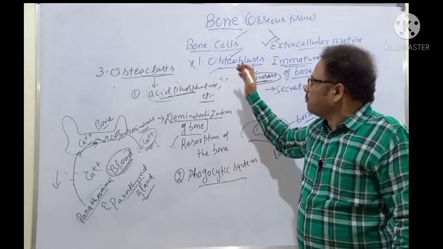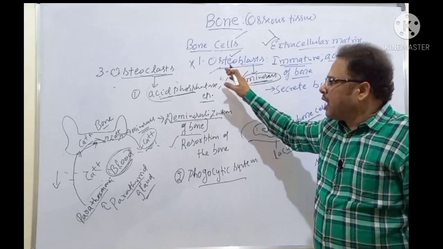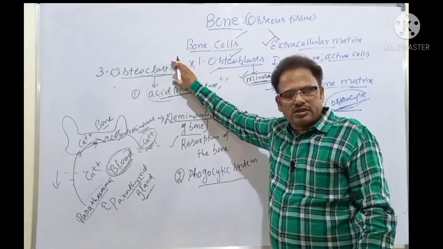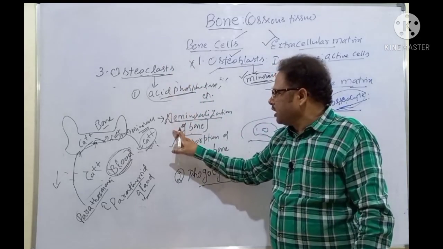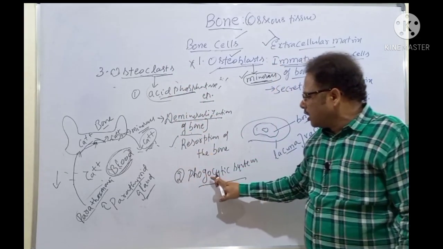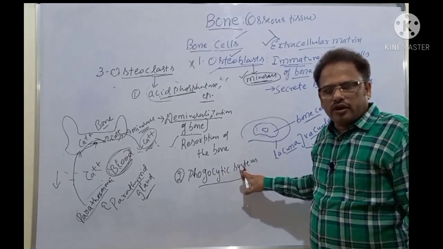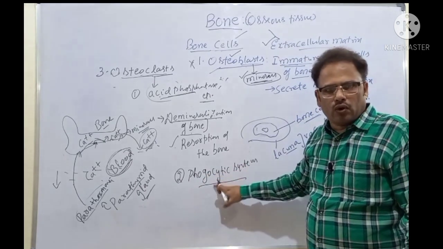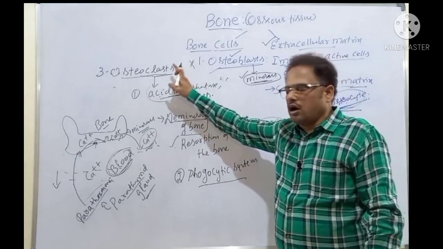A part of this mononuclear phagocytic system is the osteoclast. So the first function is the demineralization or resorption of the bone. The second function is the phagocytic system. It engulfs and kills the bacteria present in the bone. That's the second function of the osteoclast.